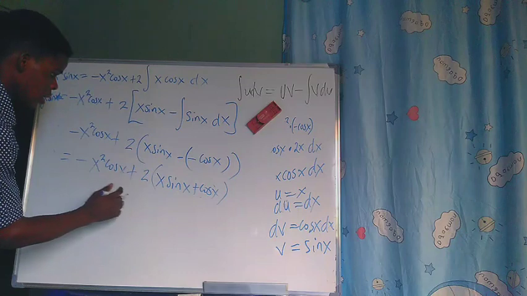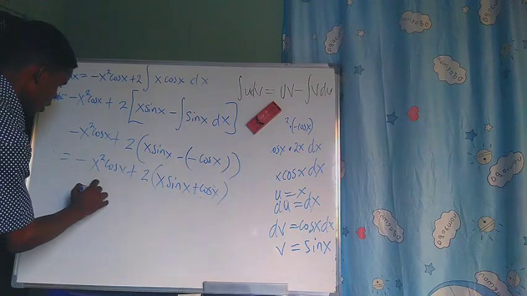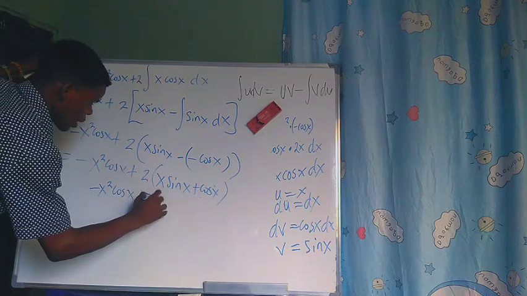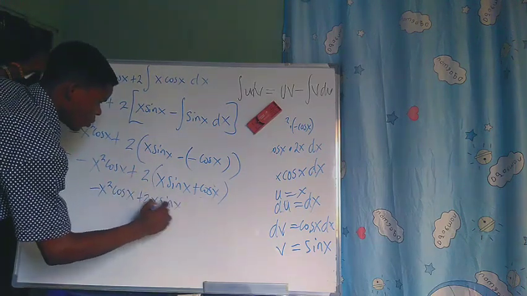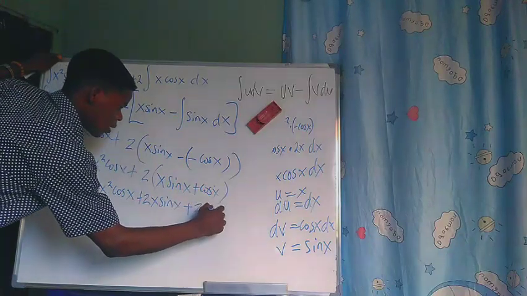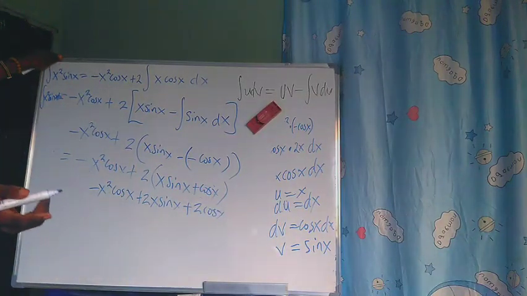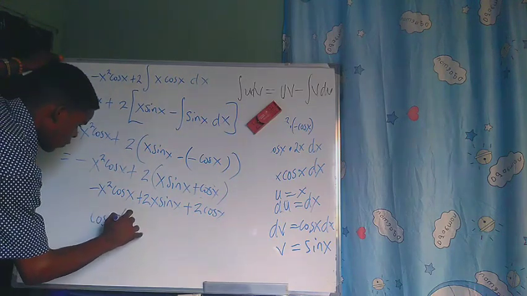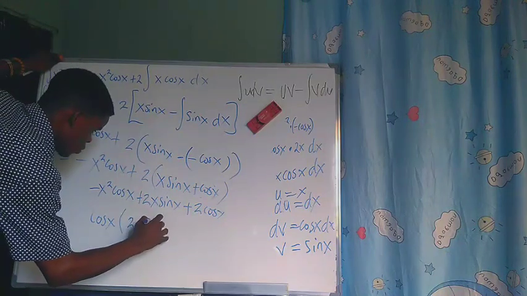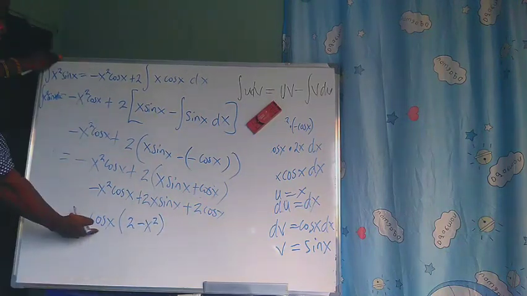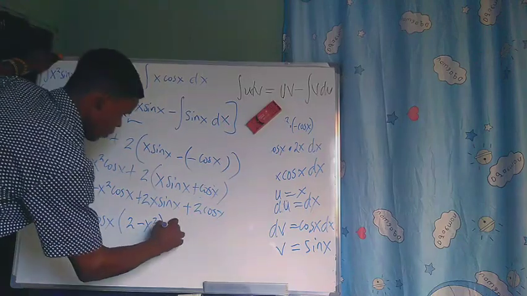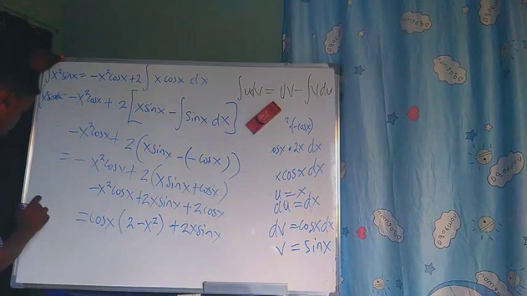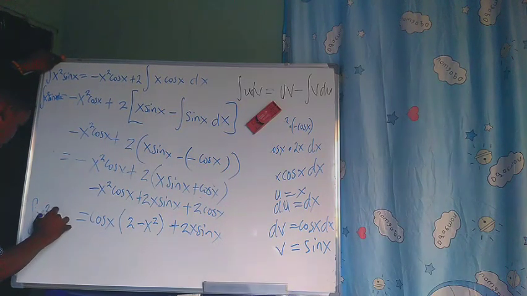So here we can see that negative x squared cosine x plus 2x sine x plus 2 cosine of x. Well, if you like, we can go ahead and do some grouping, where we have cosine x out like that, and we have 2 minus x squared times cosine x, plus 2x sine x to be the integral of x squared sine x dx.